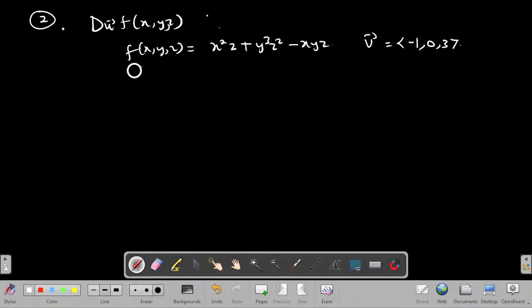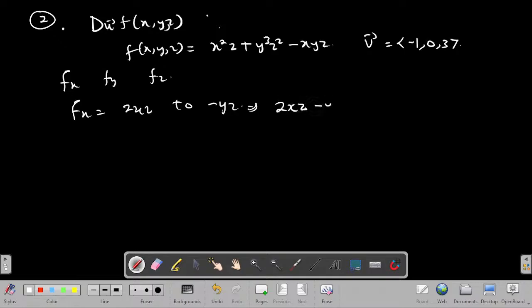Good. So at this point, what do we do? We find our fx, fy, then fz. Then you put the functional value, but here we aren't given any functional value, so our answer will be in terms of x, y, z. Our fx will be 2xz plus 0 minus yz, giving us 2xz minus yz.